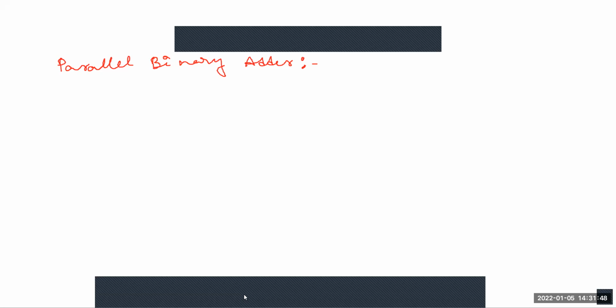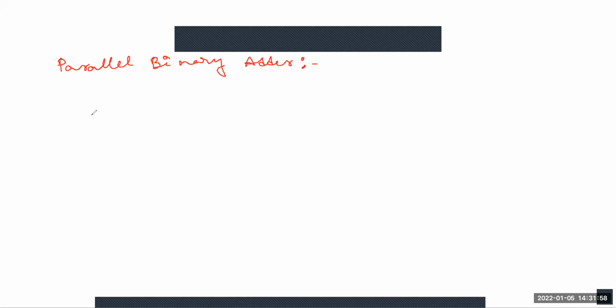Okay, now for the parallel adder, mainly for a 4-bit adder, we need one option, that is 3 full adders and 1 half adder required.